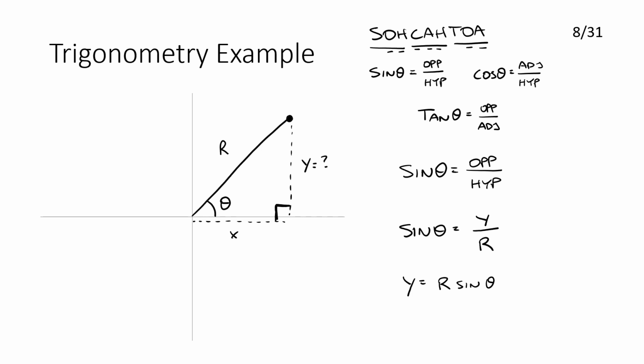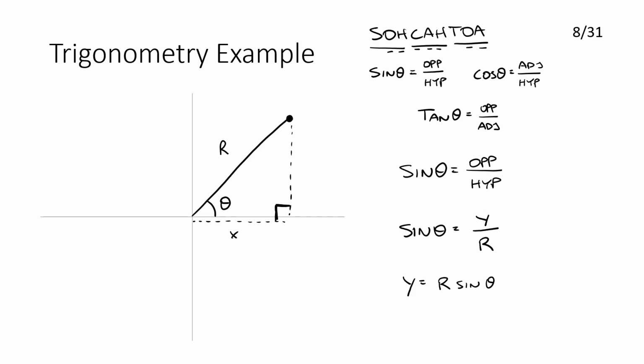Okay, let's do another example. I'm going to do it over here on the left side, and I'm going to take some of these values away from the triangle. So let's say I don't have y anymore. I'm going to erase that.